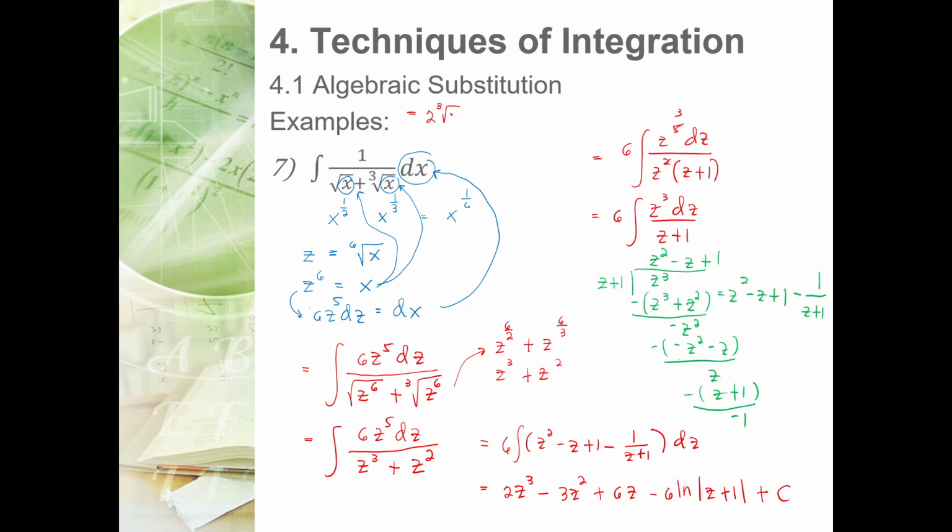So 2 times square root of x minus 3 cube root of x, then 3 cube root of x plus 6 root of x minus 6 ln of 6 root of x plus 1 plus c. Okay, so this is the final answer.